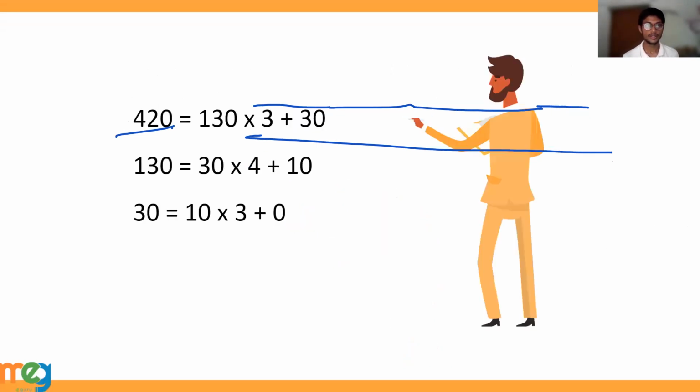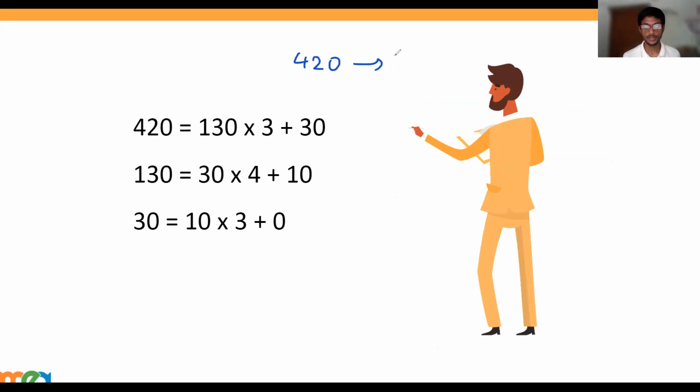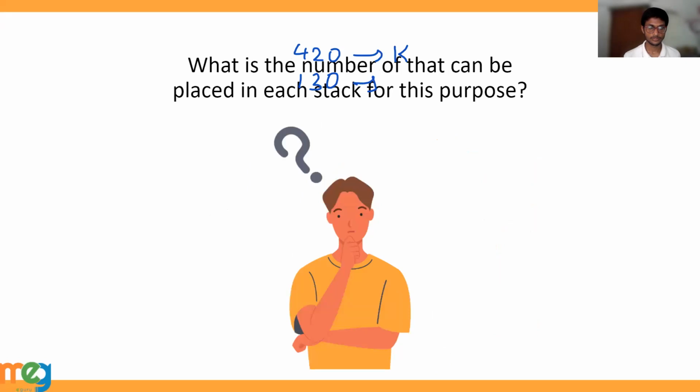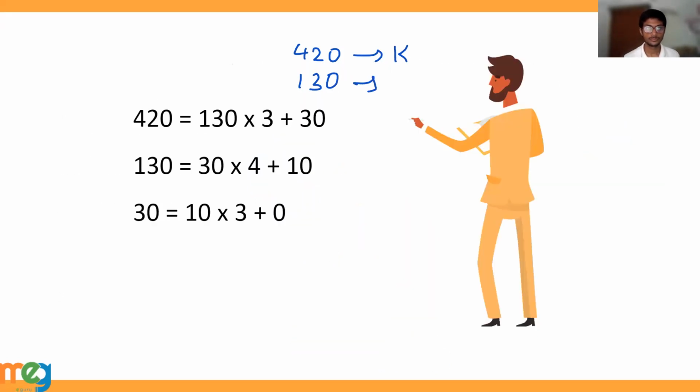Moving on to the next slide. Here, what were the quantities? The quantities were 420 kaju barfis and 130 badam barfis.